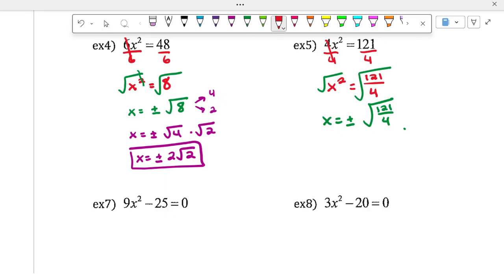Not just simplify, but couldn't I do something with it? You can split apart the square roots. Because aren't 121 and 4 both perfect squares? Yes. So x is equal to plus or minus what? 11 over 2. Square root of 121 is 11, square root of 4 is 2. And I'll leave it just like that.